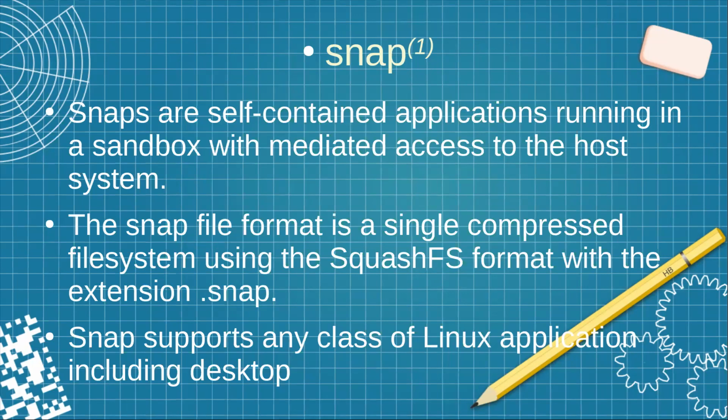And luckily, or not luckily for me, Snap is designed to support any class of Linux application from character-based to desktop. Although the vast majority of them are desktop style applications, because when you take an app and run it on X Windows, that's where you get the multiple tens, if not 30, 40, 50 different dependencies that you have to meet.